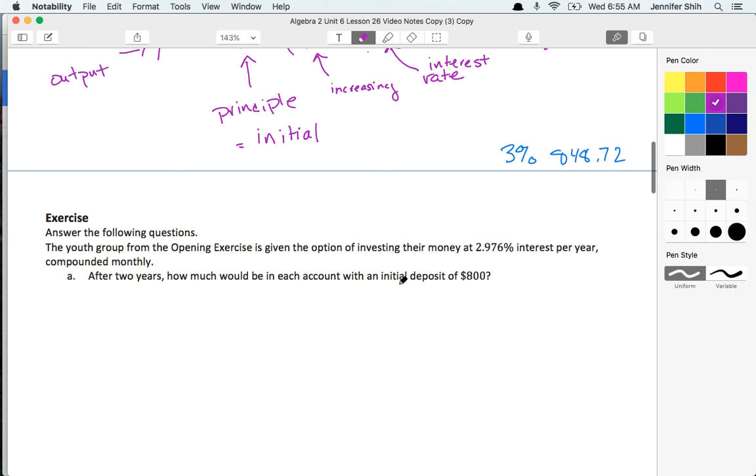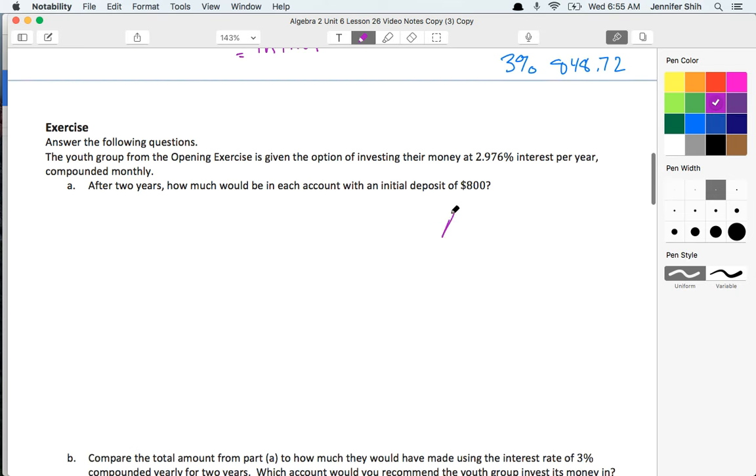Here's the thing though. You're going to hear this term APR, and this means rate per year. But we're not doing this once a year, we're going to do this monthly. So in this case, we have to take our rate and divide it by the number of times that we are going to get interest.